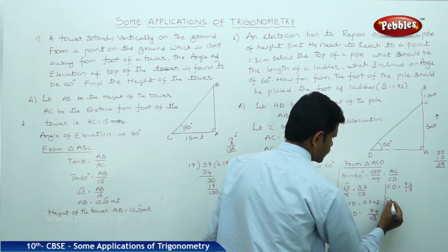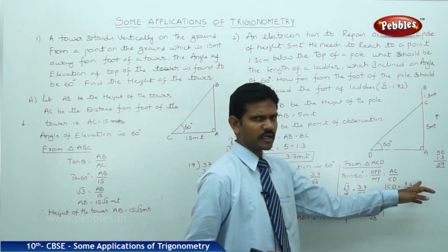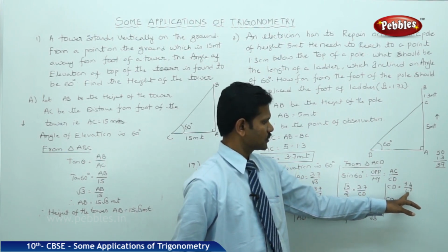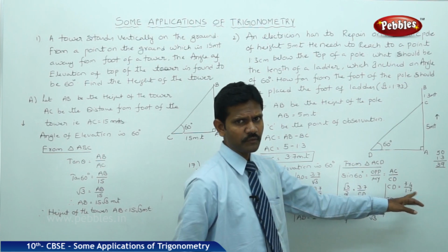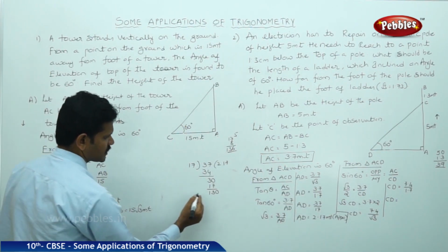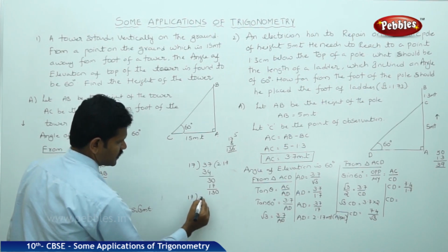That is, CD is equal to the numerator with one decimal place, and the denominator also with one decimal place, therefore the decimals are balanced. Now let us see the next calculation. 17 table 74.